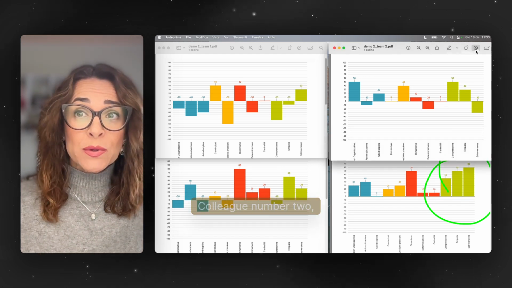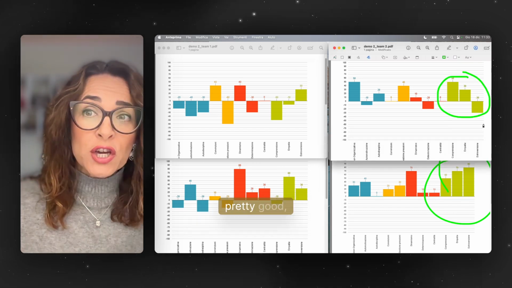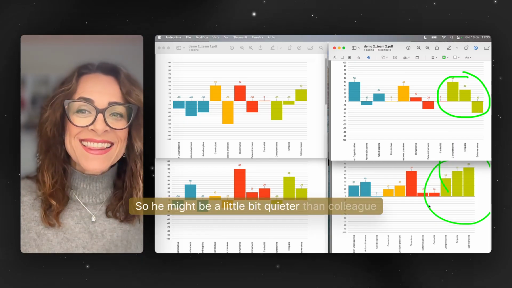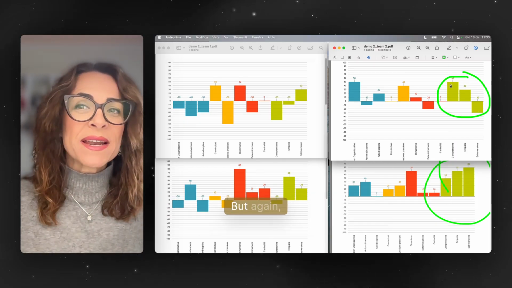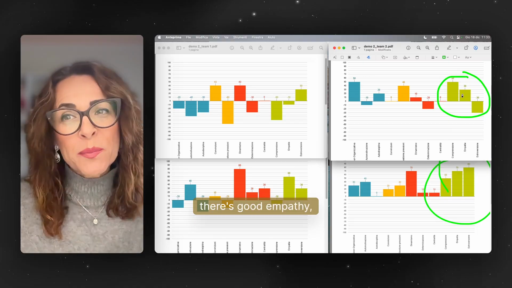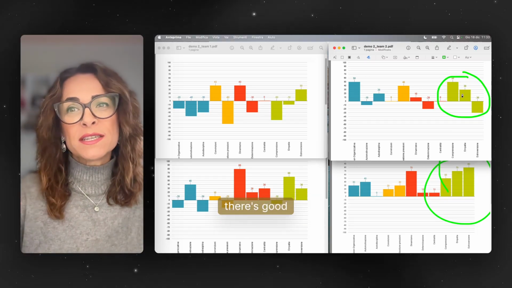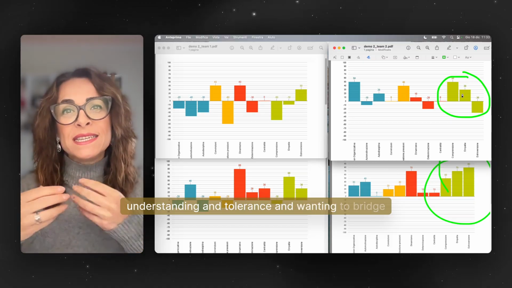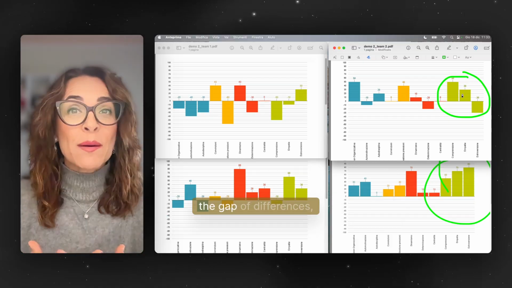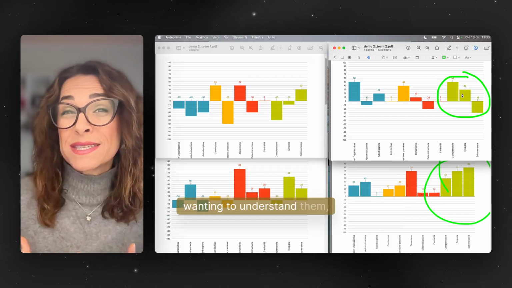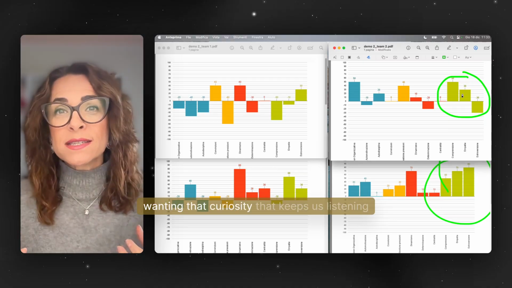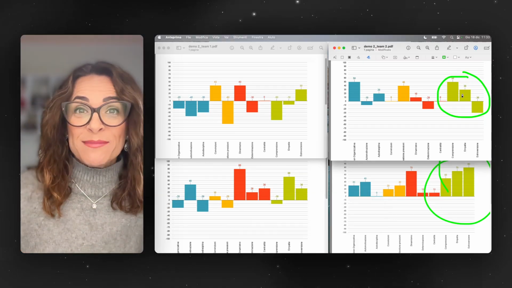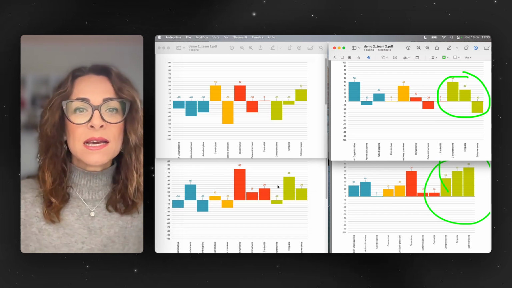Colleague number 2, I would say pretty good, a little bit selective, so he might be a little bit quieter than colleague number 4. But again, there's good empathy, good warmth, good understanding and tolerance, and wanting to bridge the gap of differences, wanting that curiosity that keeps us listening even when we don't agree. Okay, so they both have that.